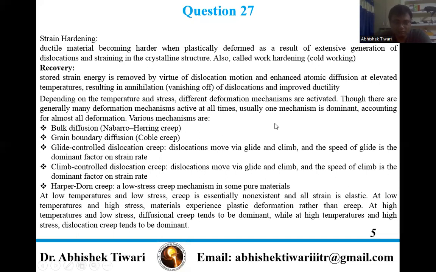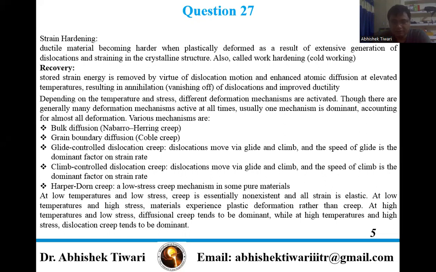Now, recovery. So, the stored strain energy is removed by virtue of dislocation motion and enhanced atomic diffusion at elevated temperatures. This results in annihilation or vanishing of dislocations and improved ductility.